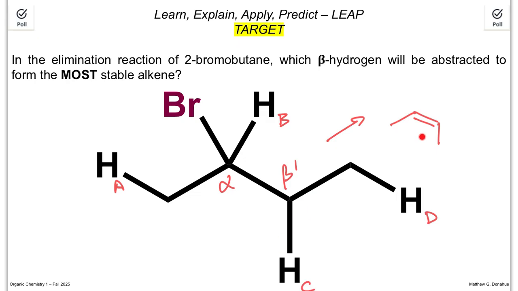But what can happen is those hydrogens are actually different, even though they're bonded to this same beta prime. So we form the double bond now starting at the 2 position, but depending on which hydrogen we abstract, we can lead to different geometries.